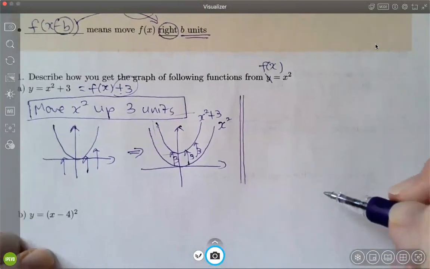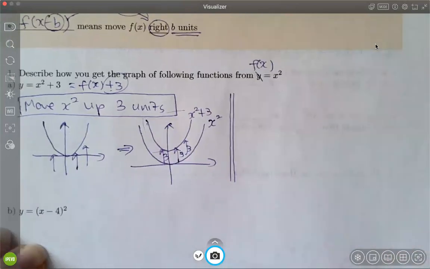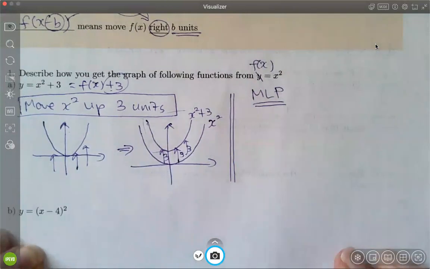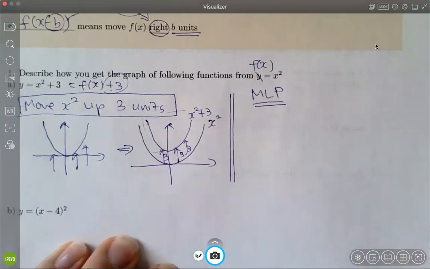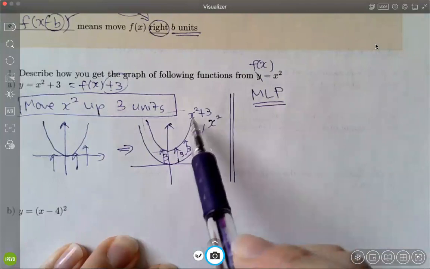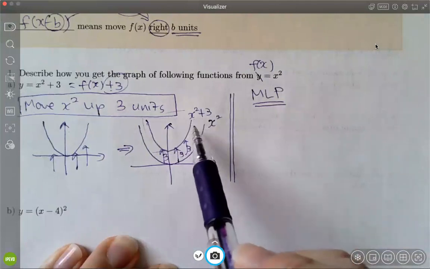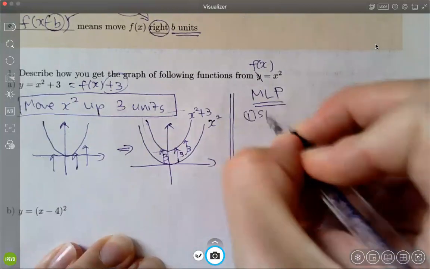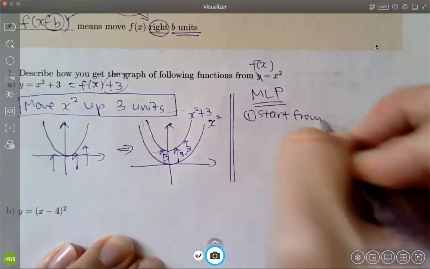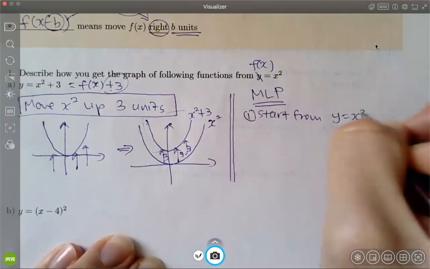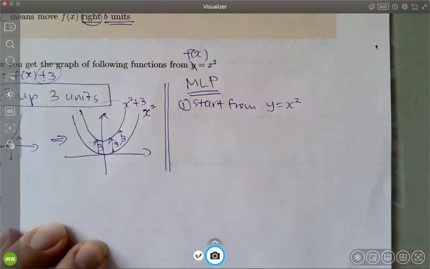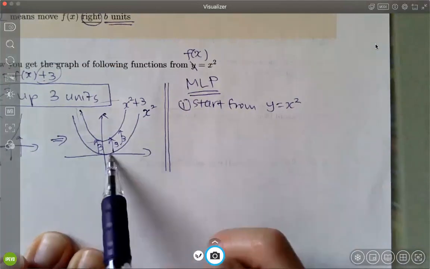You have to use something else, okay? So when you do the graphing problems on the homework, so let's say you are sketching the graph of x squared plus 3, okay? Then what you have to do is start from the graph of x squared, okay? So start from the graph of x squared, okay? So you know what to do. So like pick 3 points and then just get this graph, okay?